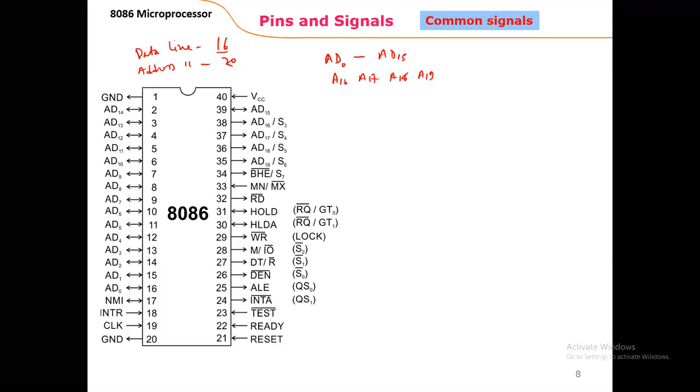So total address is 20 and total data 0 to 15 is 16. This is the multiplexed address and data.